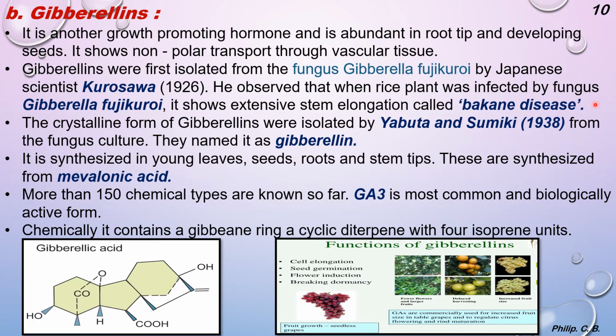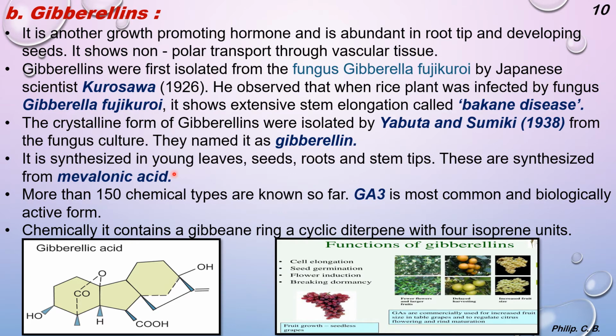So it was observed in the rice plant that stem elongation is seen, and after the elongation the stem breaks, which was termed later as Bakanae disease. The crystalline form of gibberellins was isolated by Yabuta and Sumiki in 1938 from the fungus culture. They named it gibberellin.